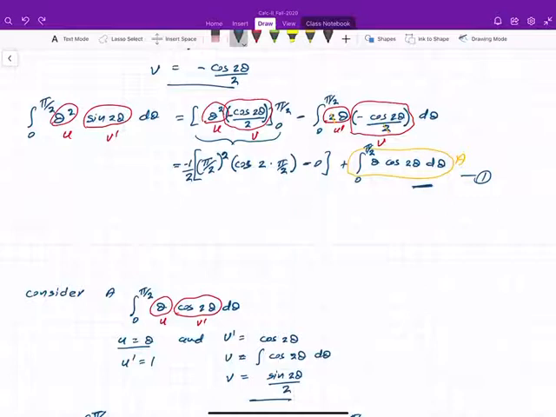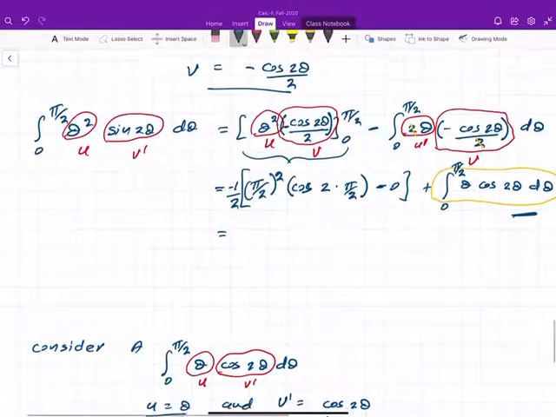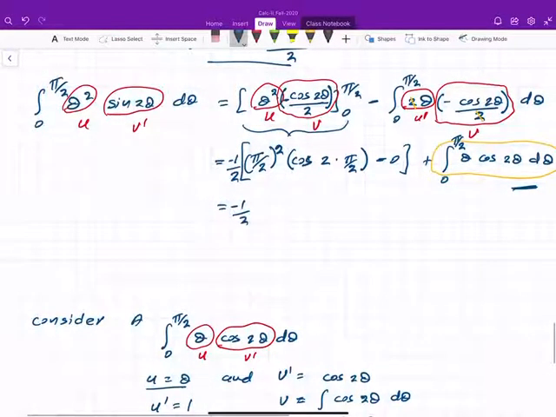Simplification of this one should be: here you have -1/2, pi over 2, so pi to the power 2 over 4, and then this can be cancelled with that. Cos pi is -1. And then the simplification of this one is actually plus pi to the power 2 over 8.